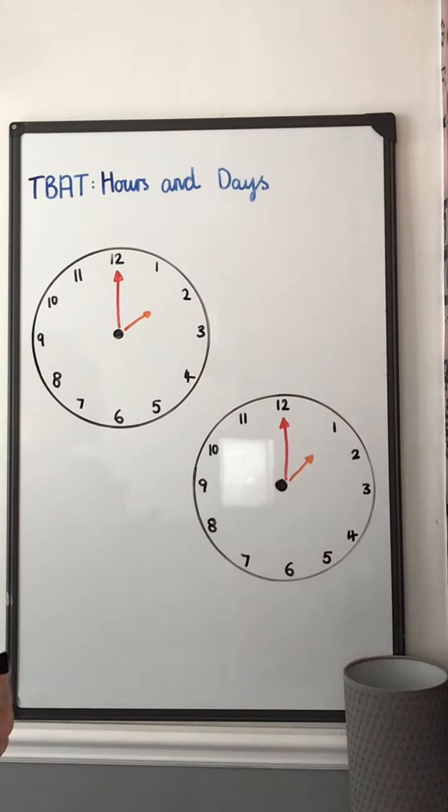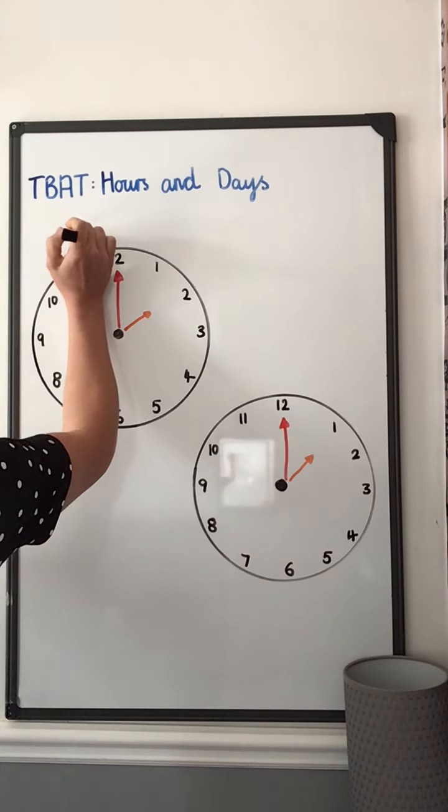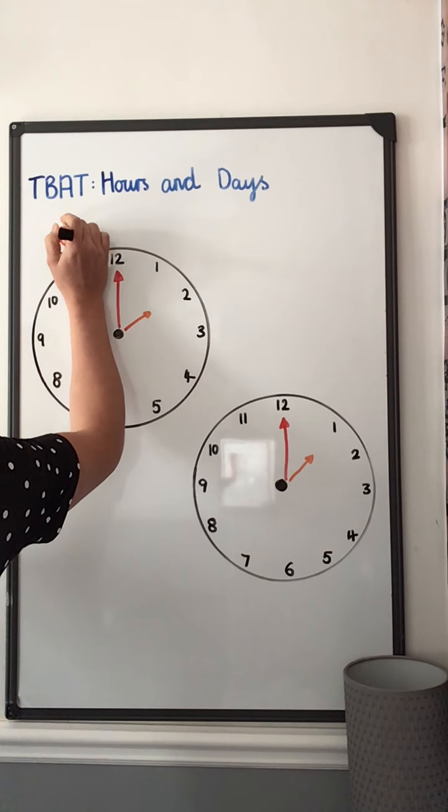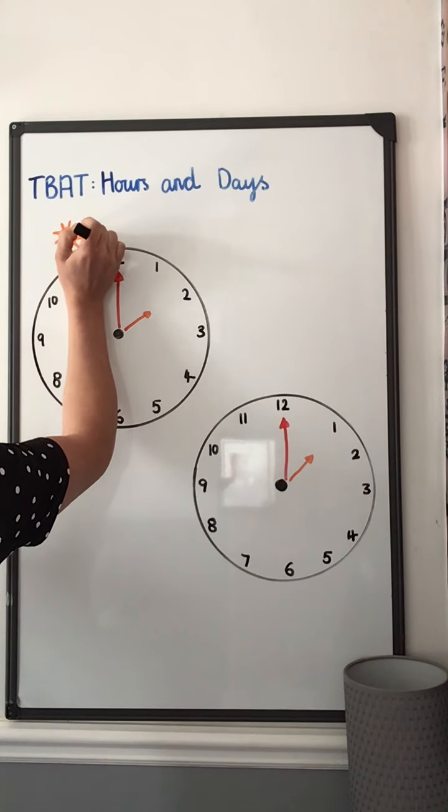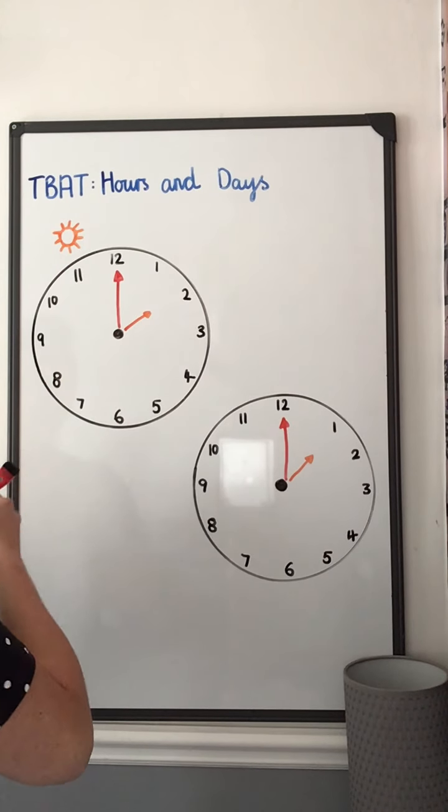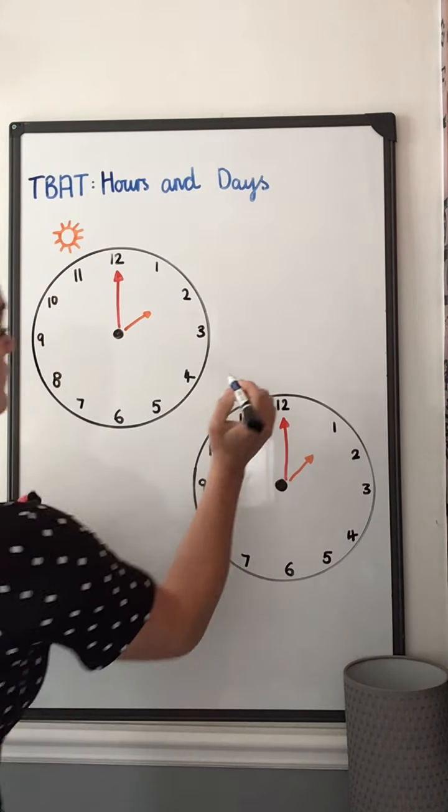Now, we have 24 hours in a day, and that all happens on that one clock. A lot of the time happens during the day, and a lot of the time happens during the night.